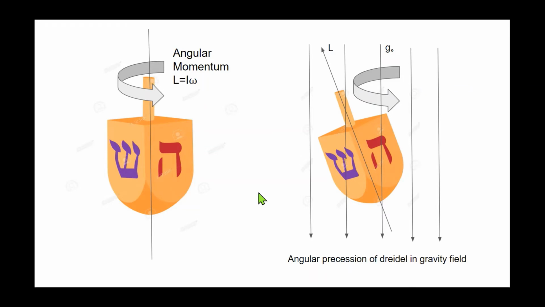Back to the dreidel or top analogy, when a spinning object is subjected to a gravitational field, a torque is applied that causes the object to rotate about its axis parallel to the gravitational field. This is called precession.